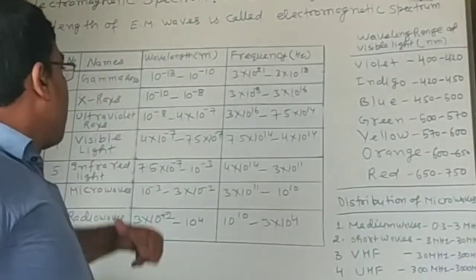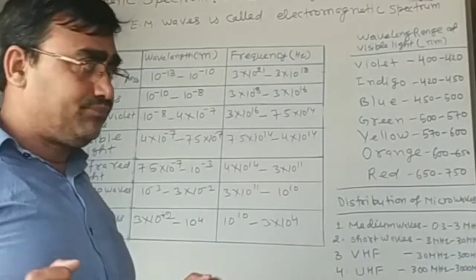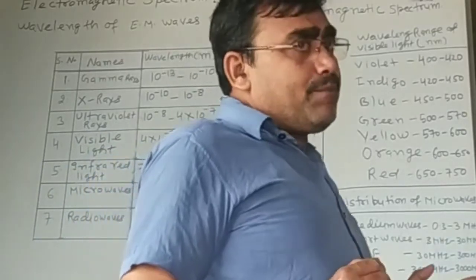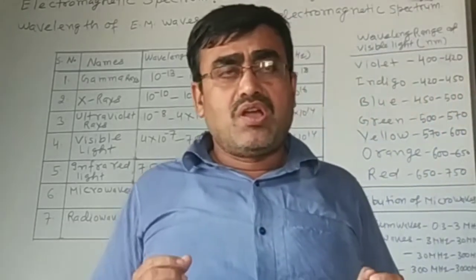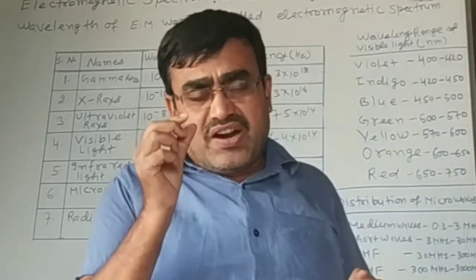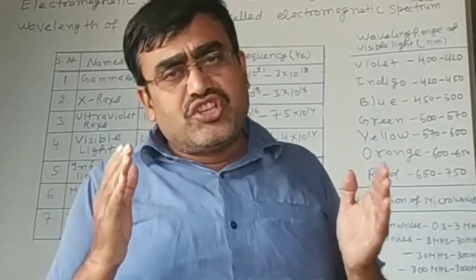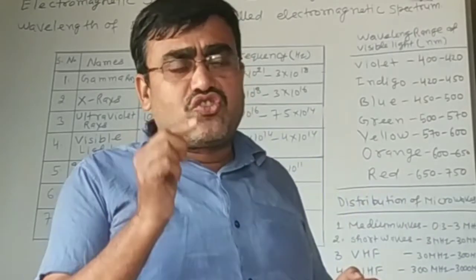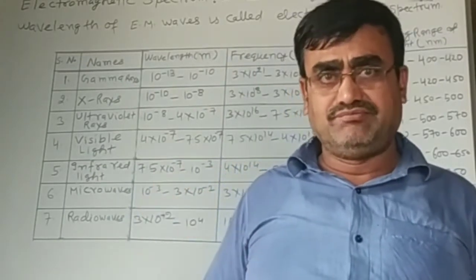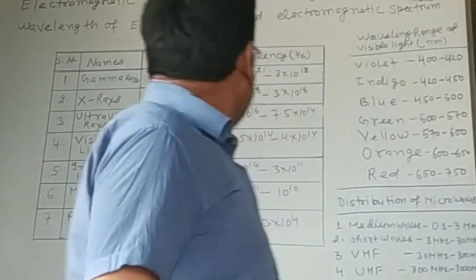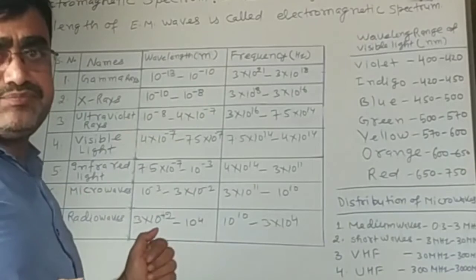Next one is ultraviolet rays. Ultraviolet rays are used to see unseen literary sources on documents, walls, pillars, etc. Visible light is sensitive to the eye.